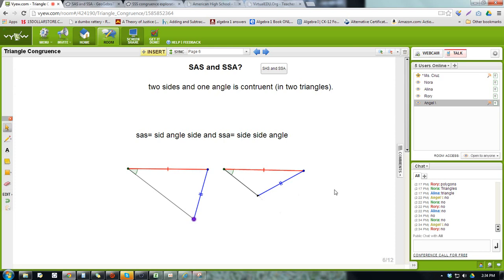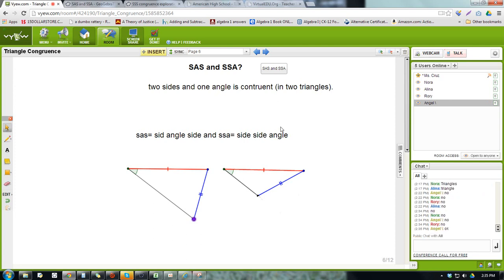This is why the order of the sides and angles is important. While SAS is a way to prove it, SSA is not, because there are two possibilities, and we need there to be only one possibility for it to be something we can use to prove something.